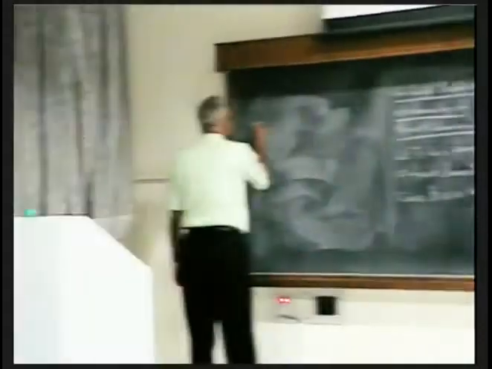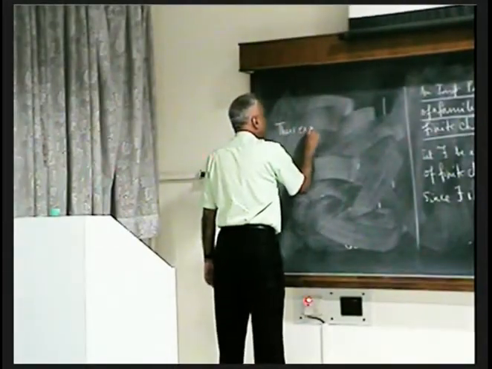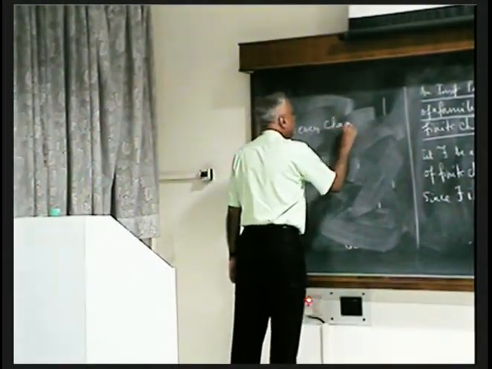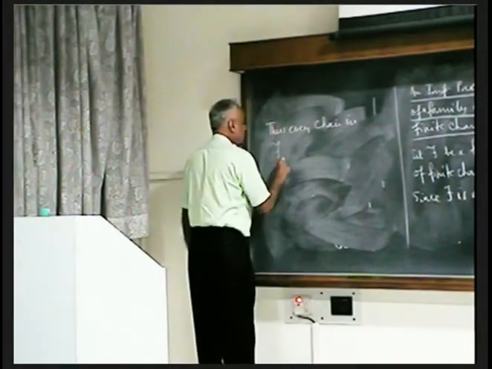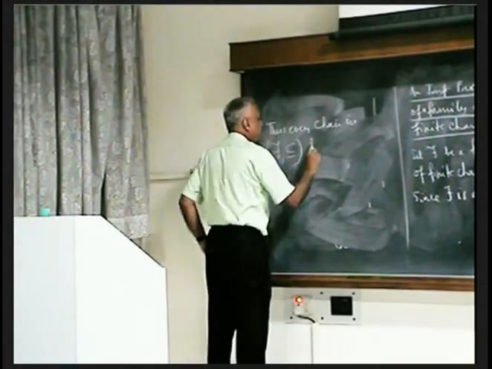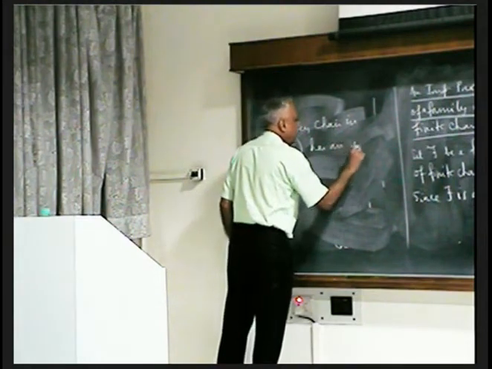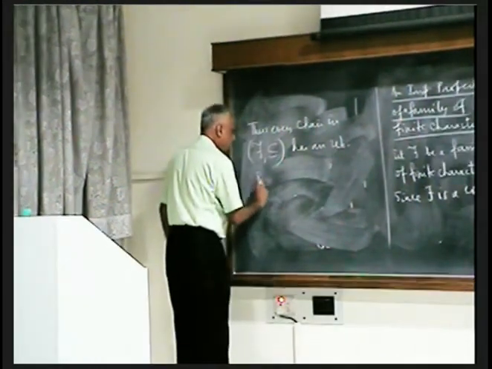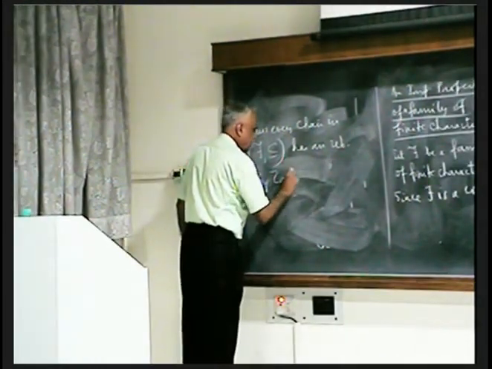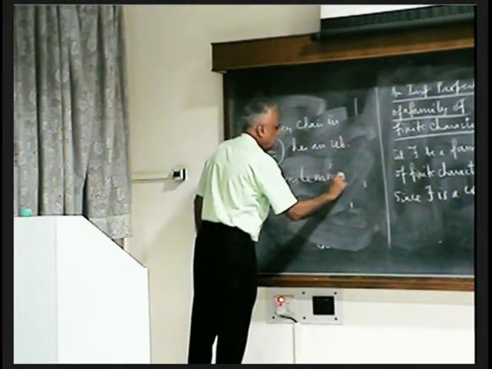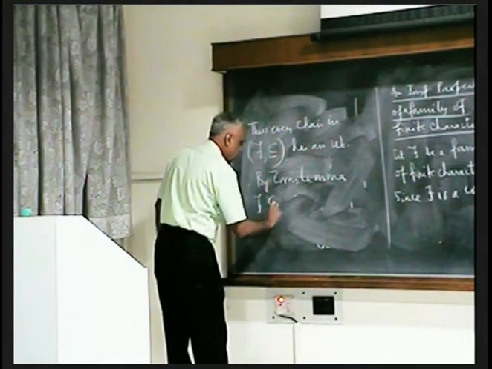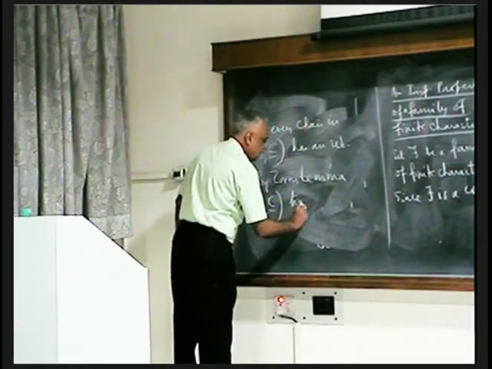J is an upper bound. Thus, every chain in F has an upper bound. Therefore, by Zorn's lemma, F has a maximal element.